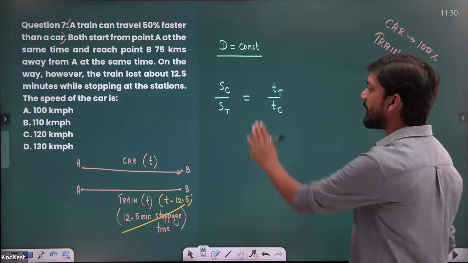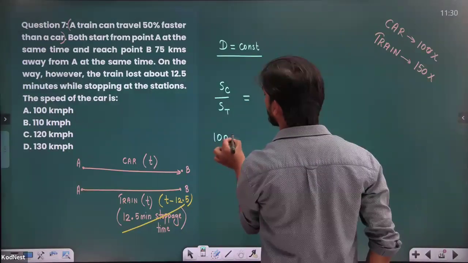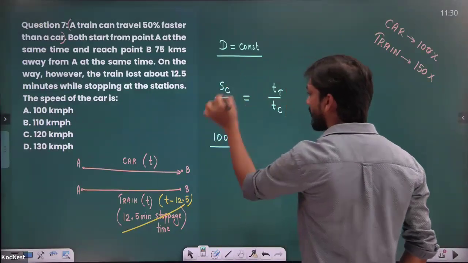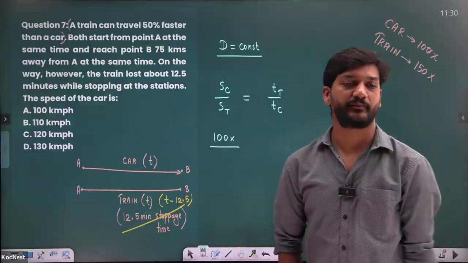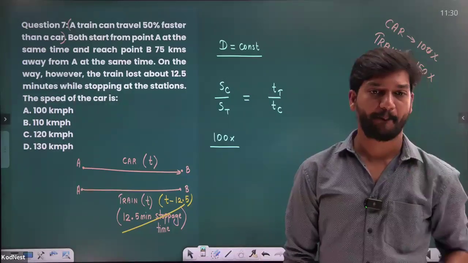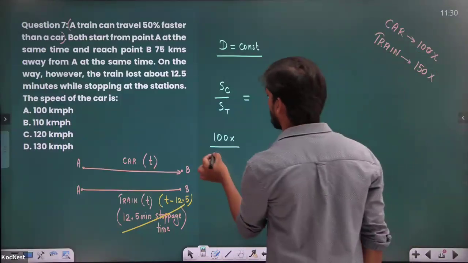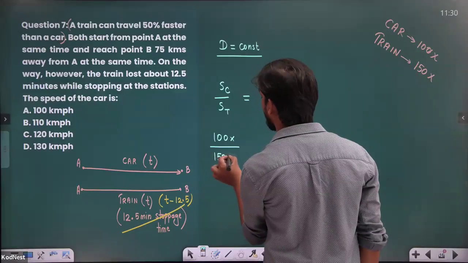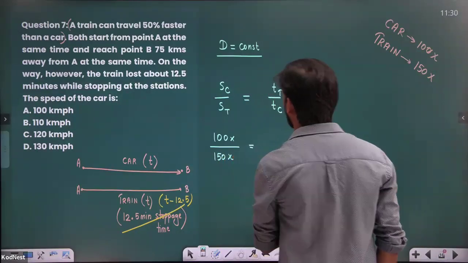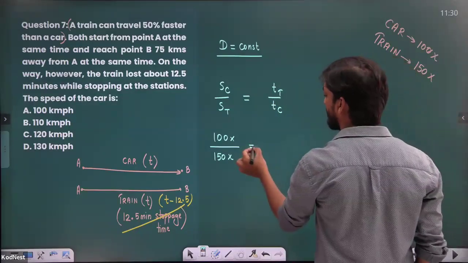Speed of the car, do you know? We are taking 100x. Speed of the train will be how much? 150x. 50% faster, so 150x. This is the train, timing of the train.